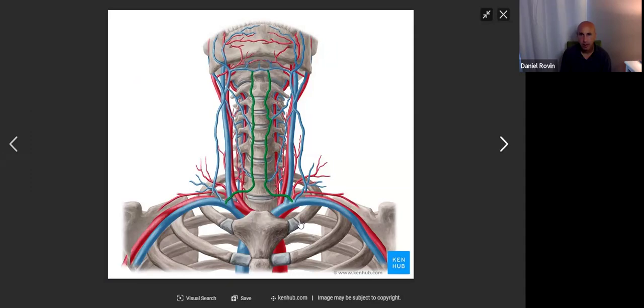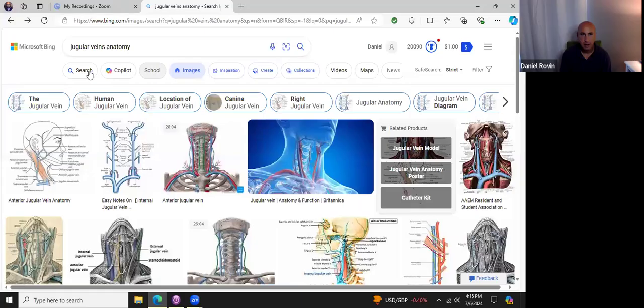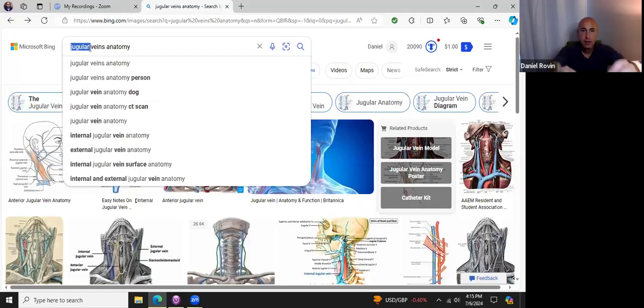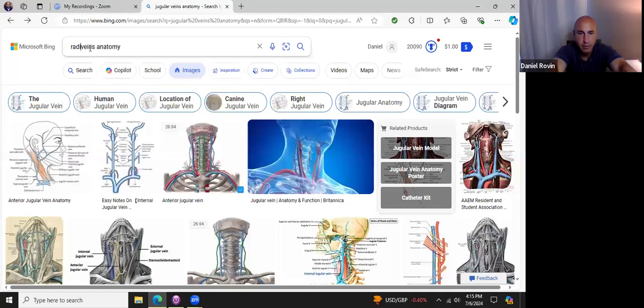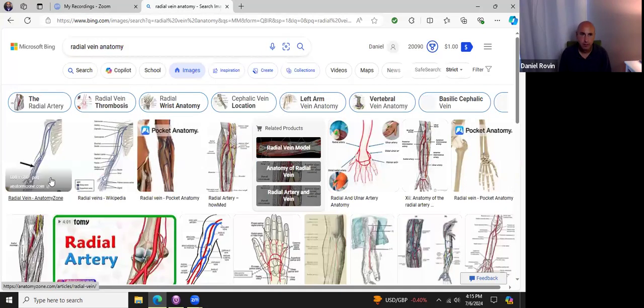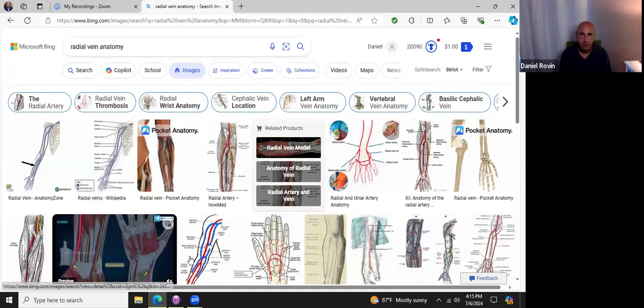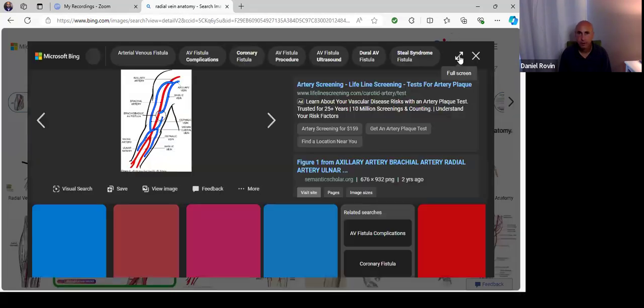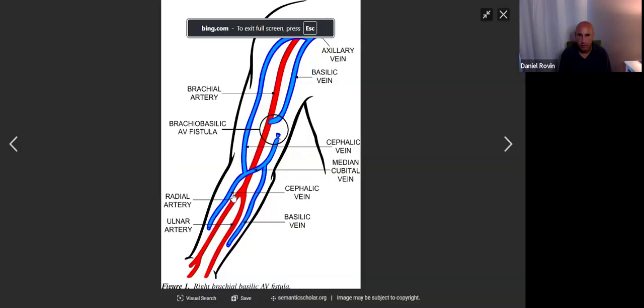All right, let's go into our fingertips, and let's look at the radial vein coming out of the hand. And it'll look just like the artery. There's the radial artery, there's radial vein, there's the ulnar artery. We should see the ulnar vein, but not in this picture.